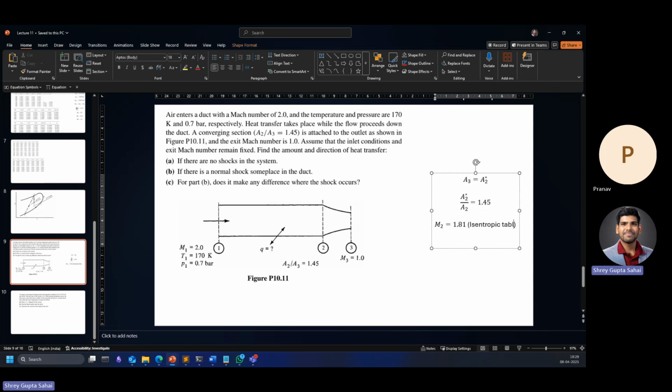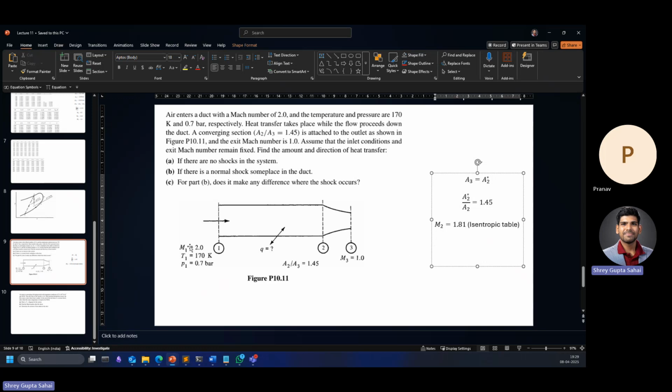Now with that, we know that this is a process of heating, and then we can simply, using the same strategy, find out the heat transfer.